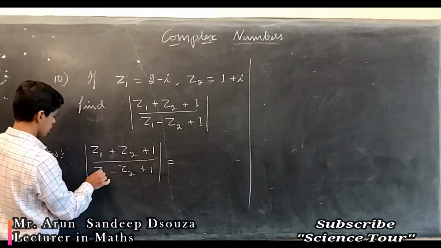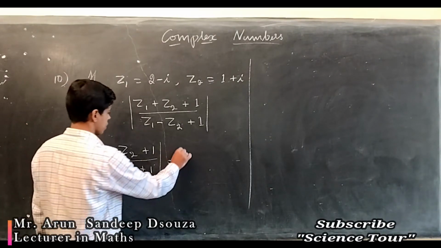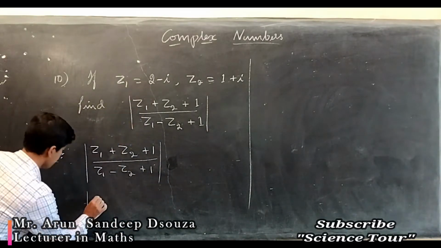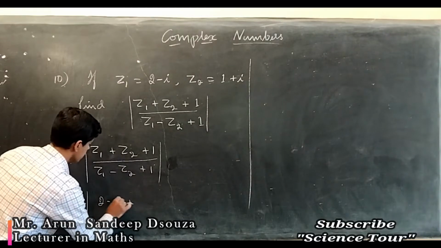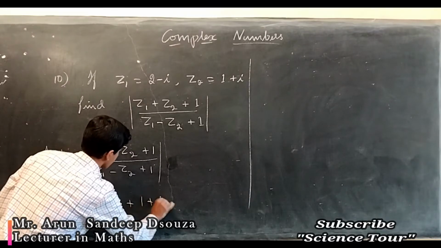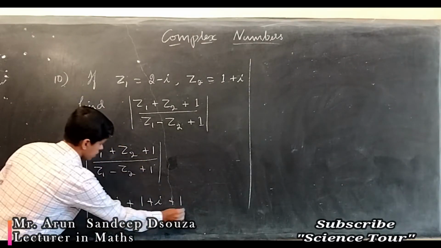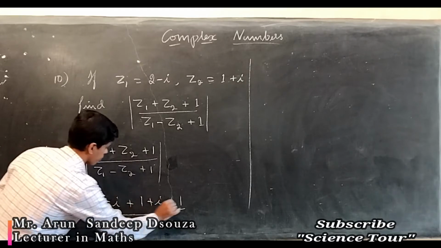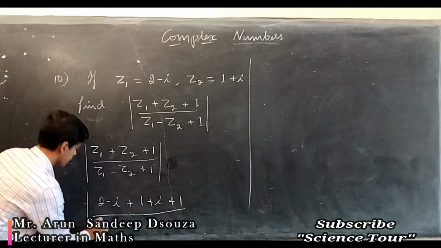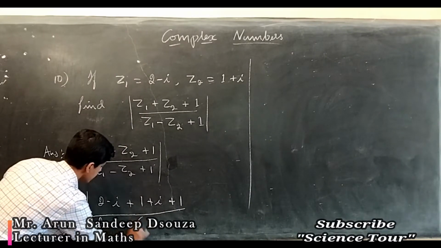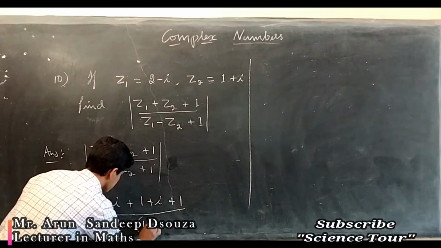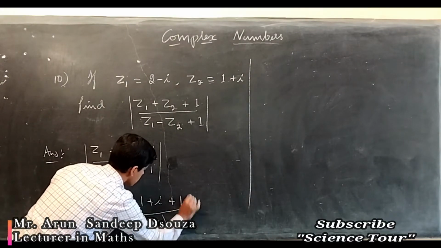So I will substitute z1, 2 minus i, plus z2, 1 plus i, and plus 1, divided by z1, that is 2 minus i, minus z2. I am using a bracket because there is a negative. So this is 1 plus i, and plus 1.